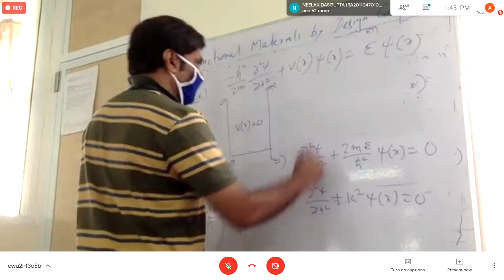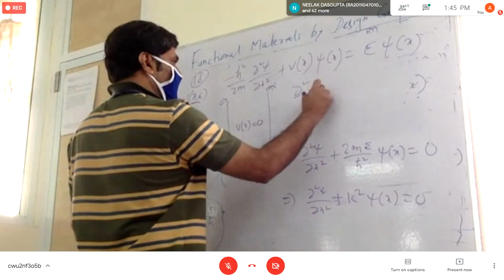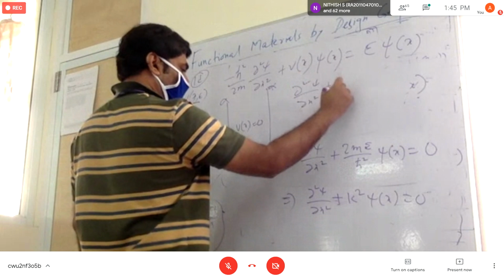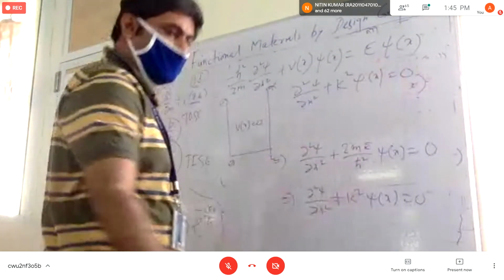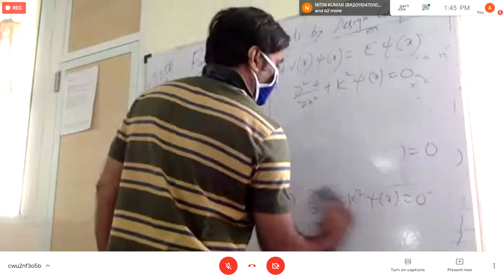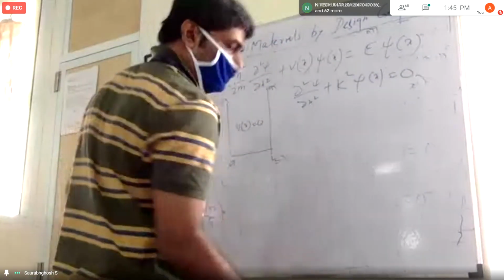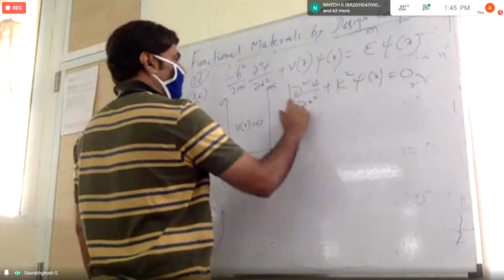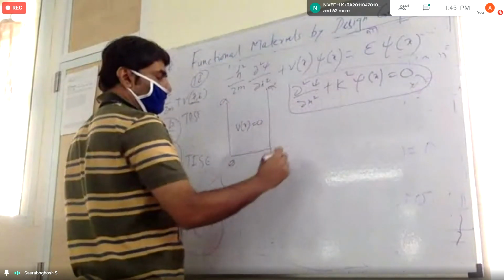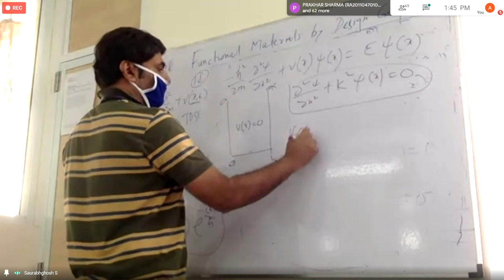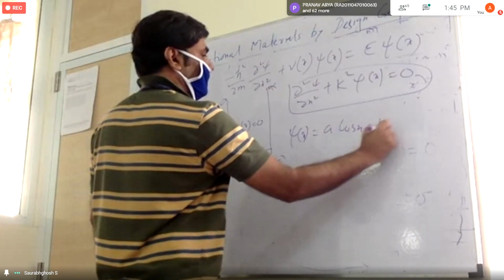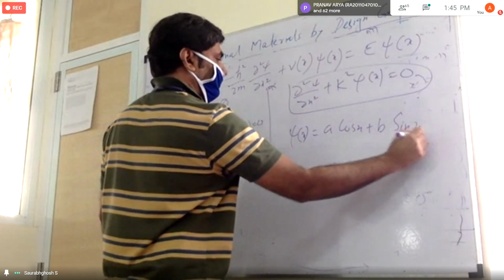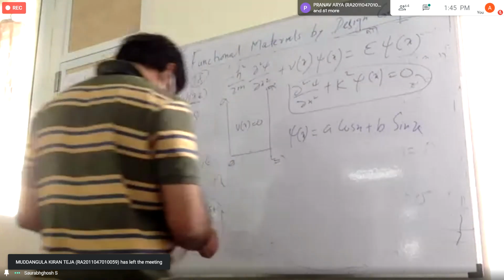Now, this is del square psi by del x square plus k square psi equals 0, and you can construct a solution. A solution of this can be psi(x) equals A cos kx plus B sin kx.